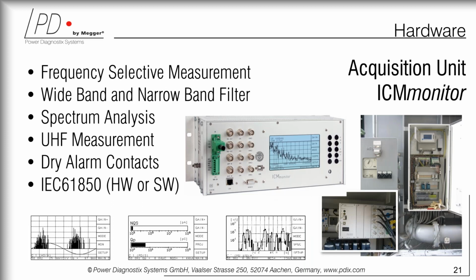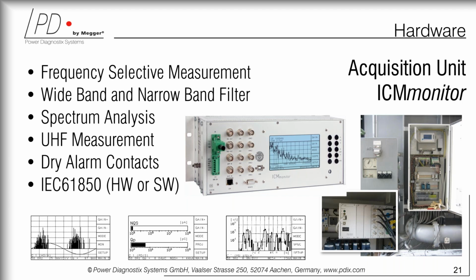So the ICM monitor, as I mentioned, can be packaged in various ways. It's by the transformer, has a screen, has the ability to show a variety of patterns, the typical phi-q diagram, black and white. Of course, once somebody logs in with a PC, they will see that in color.